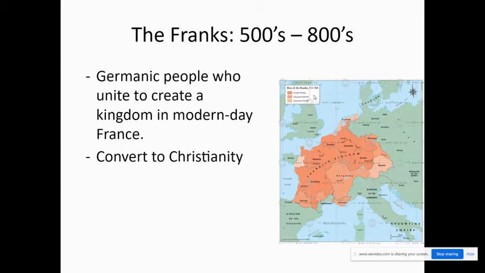And you can see here, it's really, really small, but if you look in on that, it talks about different conquests. So they advance their territory, whether through battle or sometimes through diplomacy, but they're spreading out. And a big thing here is this group of people convert to Christianity. So they start taking on a lot of the Christian ideas, the Christian thoughts. The Christian way of life becomes really, really important for the Franks.